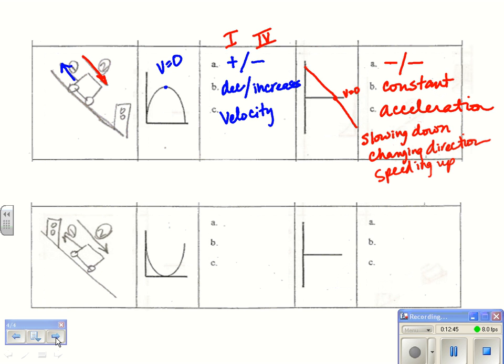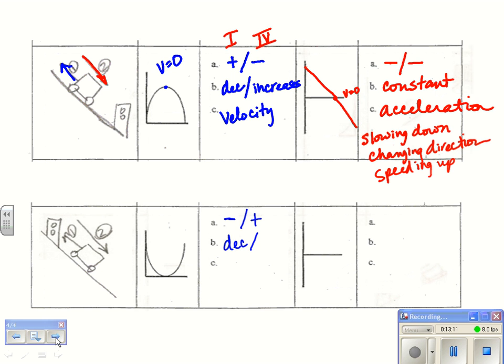All right. For this next one, I've now just moved where the motion detector was. So we've now gone ahead and said that we went towards it first. So we went negative and then we went positive because we went towards it and then away from it. As we were going towards it, we were decreasing.